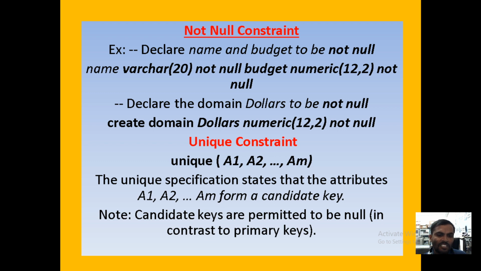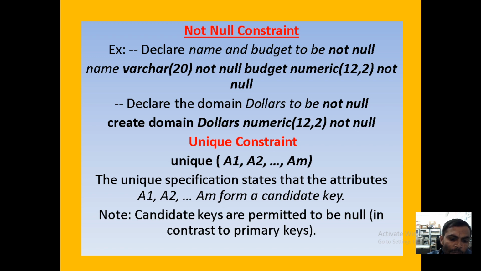The unique specification states that the attributes A1 and A2, up to AM, form a candidate key. When you are defining a unique constraint on attributes, those attributes must be a candidate key.